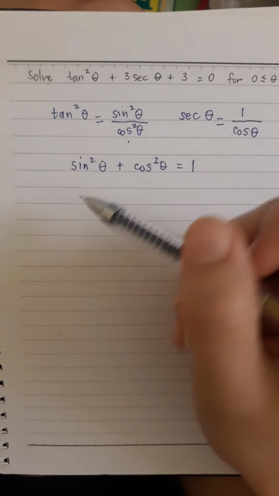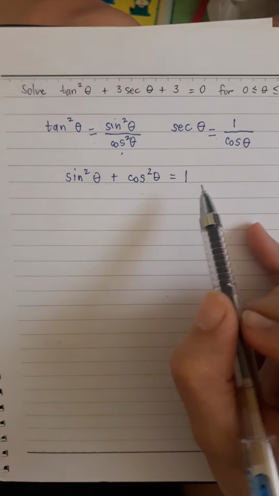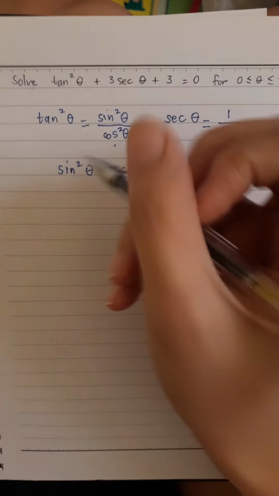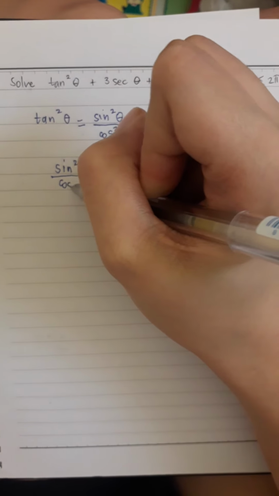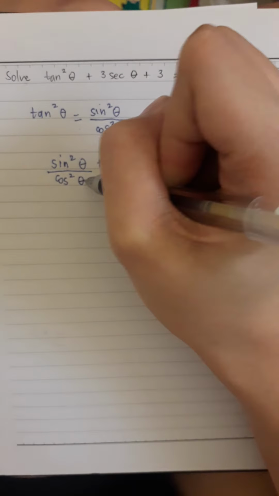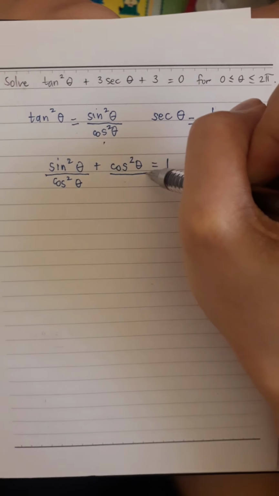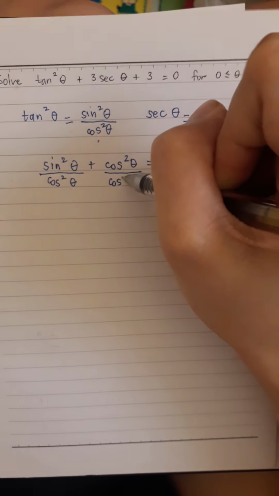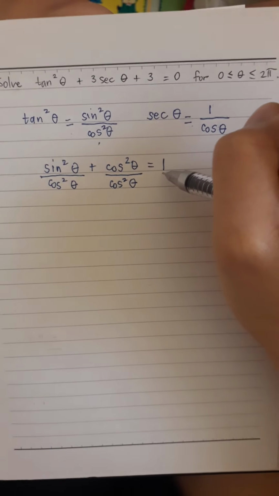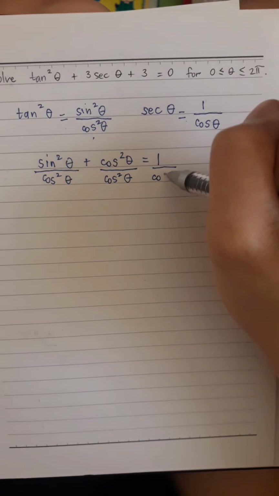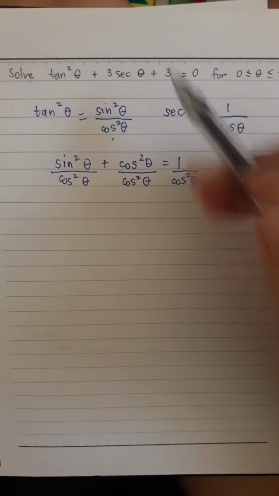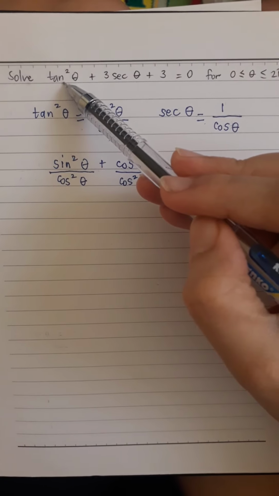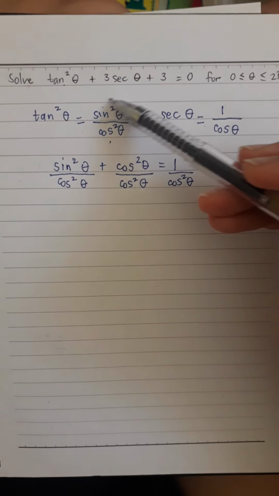How's that? From this equation, let's divide everything by cosine squared theta. This divided by cosine squared theta, this also divided by cosine squared theta, and this also divided by cosine squared theta. Why did I do this? Because tangent squared theta can be written as this.